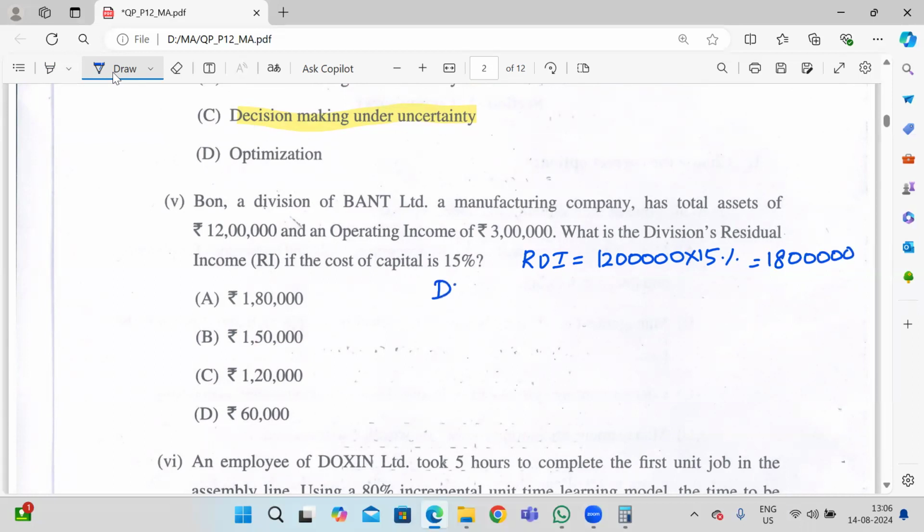So the division's RI, that is residual income, is what we earned, 3 lakhs, and what we expected. The difference is my RI, right? So 3 lakhs minus 1 lakh 80,000, so 1 lakh 20,000 will be my RI. So the option should be 1 lakh 20,000.